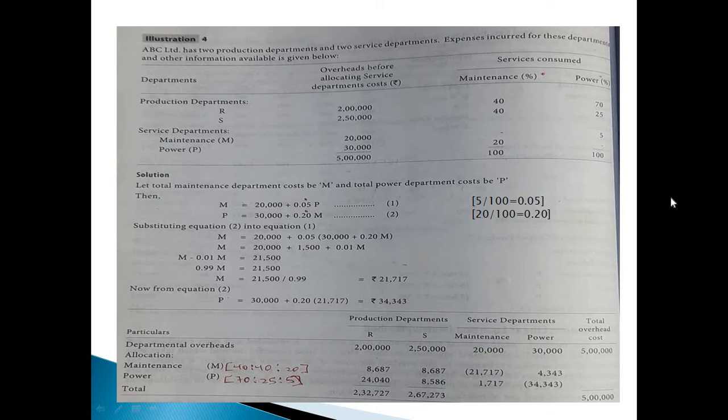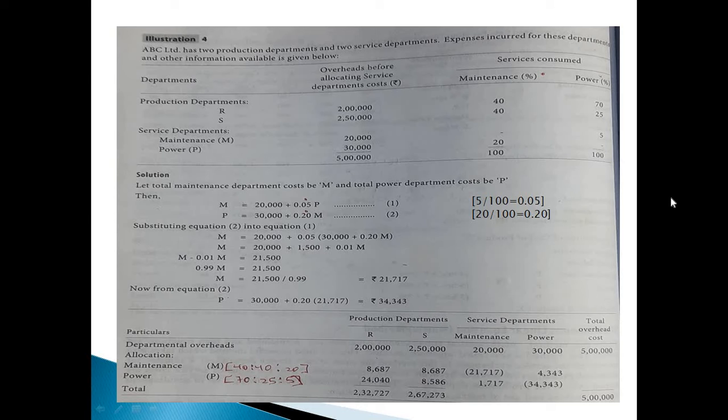If you look at the problem, we have two production departments R and S and two service departments, that is maintenance and power. The primary allocation of overheads for R is 2 lakhs, for S it is 2 lakhs 3,000, for maintenance 20,000, and for power it's 30,000.